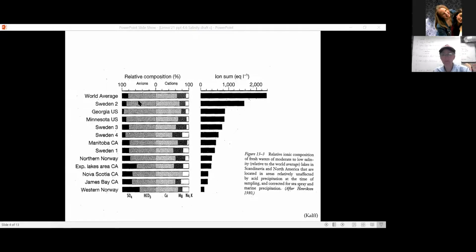Now there's some tricky math involved and we're not going to go into the details, but I think you know that different atoms have different masses and different ions have different charges. And that's the source of the tricky math that we're going to just skip. There is a footnote or maybe even an appendix. I think Professor Kalf might have an appendix explaining it if you want to go into detail.